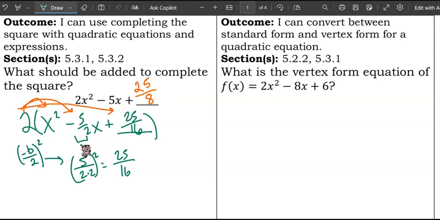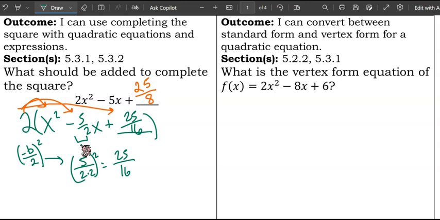Outcome. I can convert between standard form and vertex form for a quadratic equation. Refer back to sections 5.2.2 and 5.3.1. What is the vertex form equation of f of x equals 2x squared minus 8x plus 6?